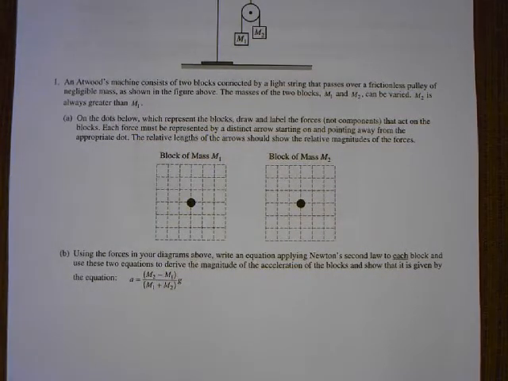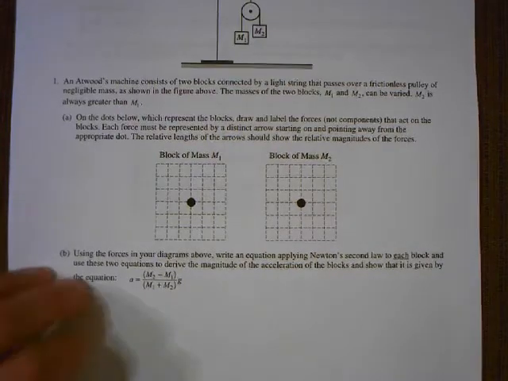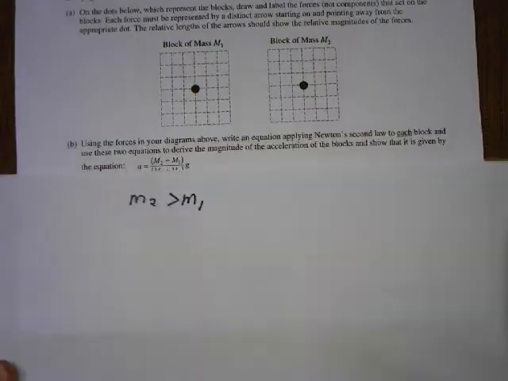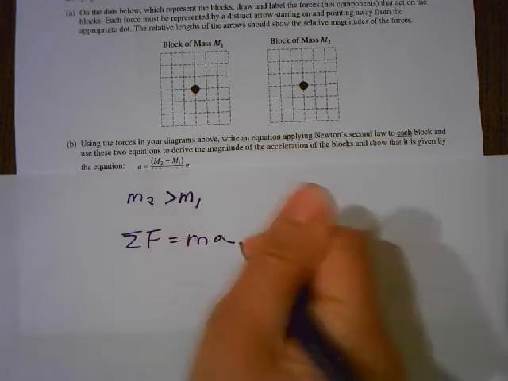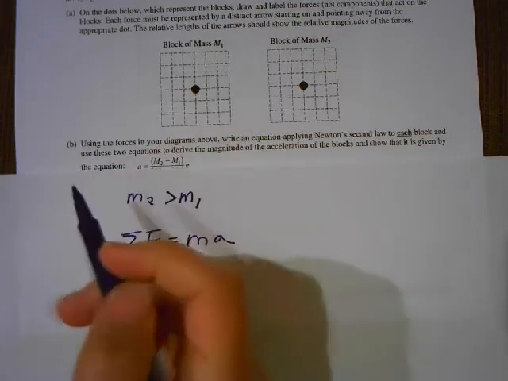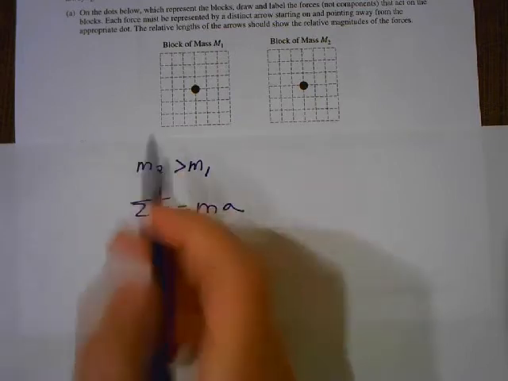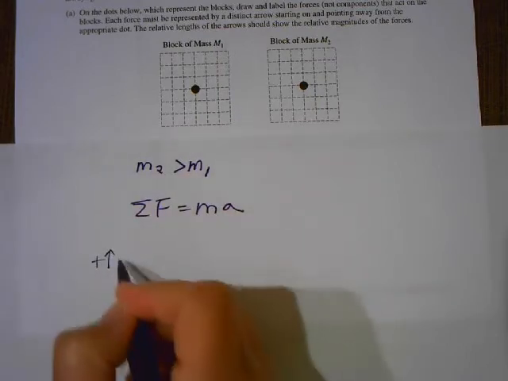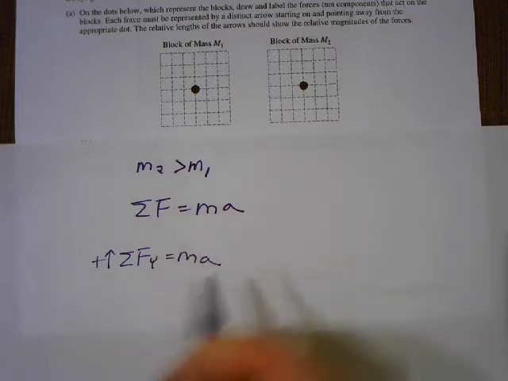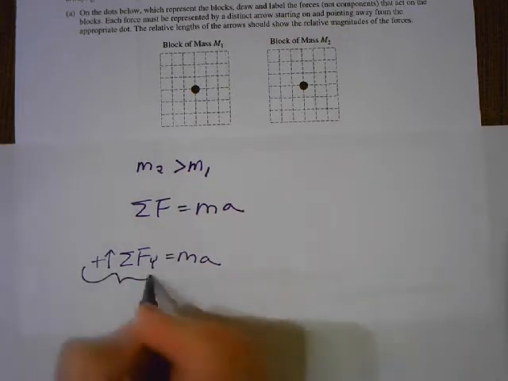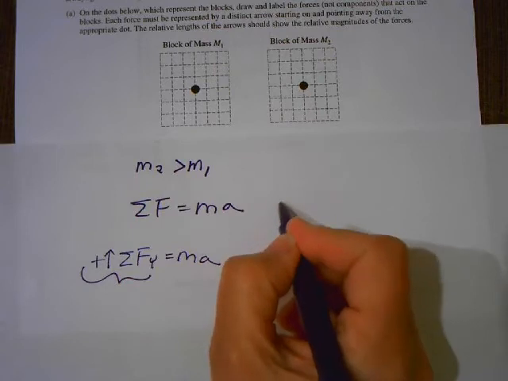Okay. So you're going to be applying Newton's second law. And remember, you're going to say summation of F is equal to ma. For block 1 here, remember, you're going to draw your sign convention. Block 1 is going up. I'm going to say summation of F_y is equal to ma. Then I'm going to look at my free body diagram, which I didn't do, but I'll just do it right here.